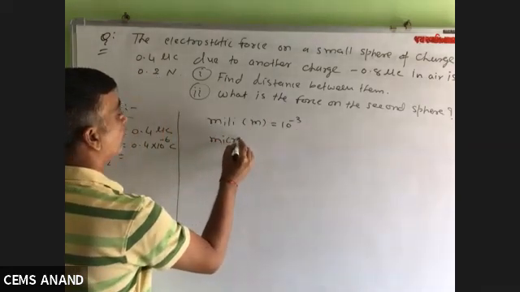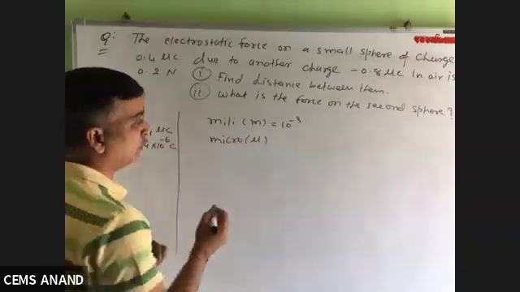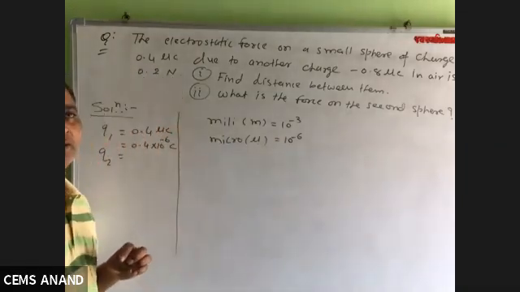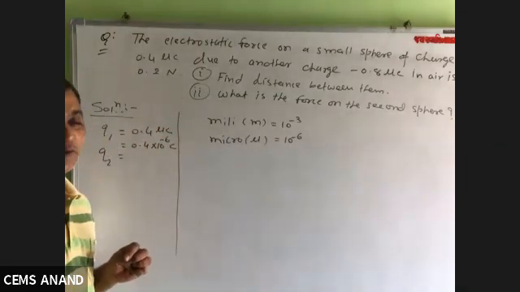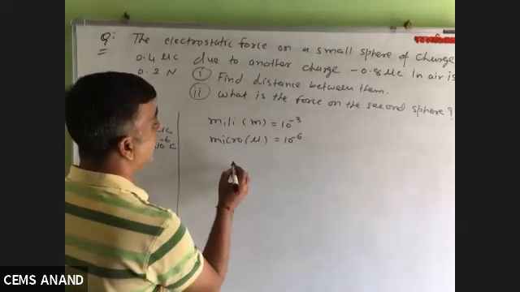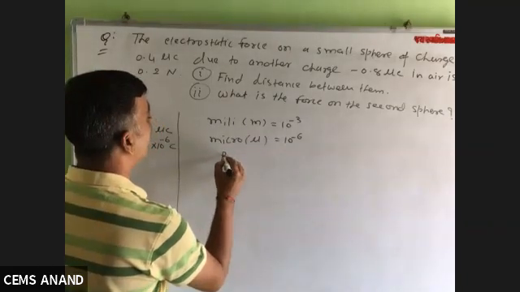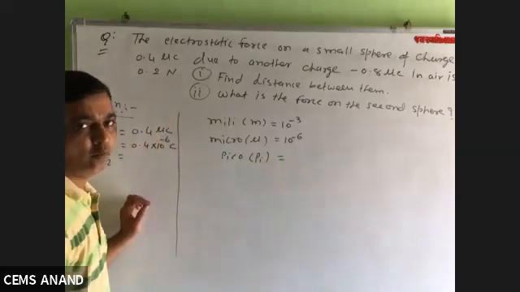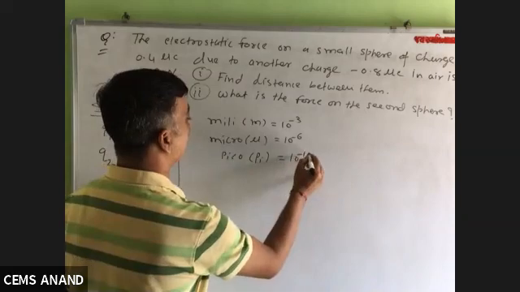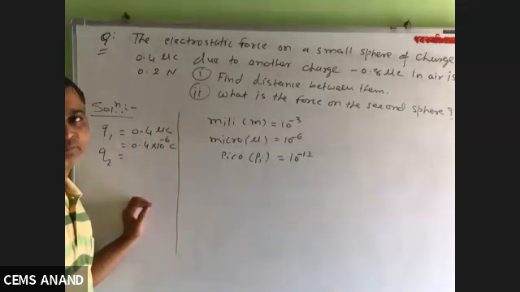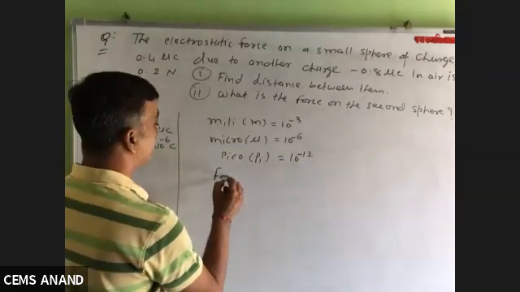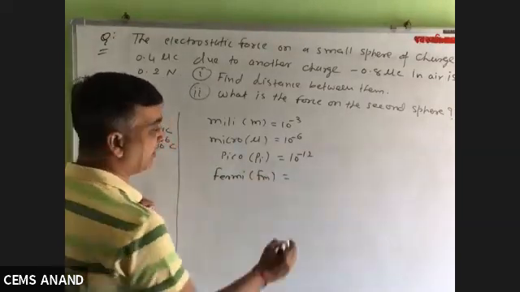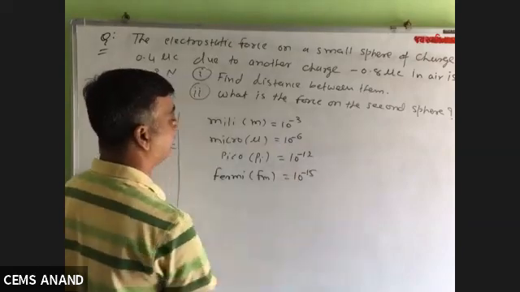Micro, denoted by mu, means you have to multiply your given digit with 10 raised to minus 6. Then pico, which in turn equals 10 raised to minus 12. Femto, which in turn equals 10 raised to minus 15.